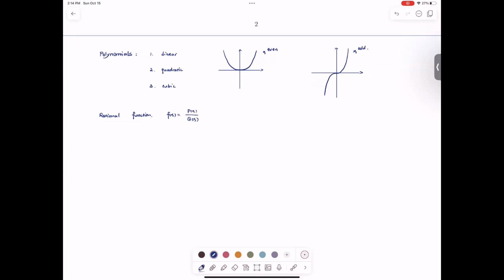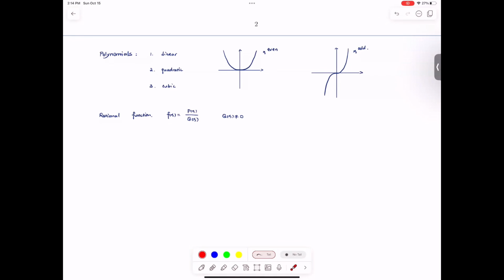What is the domain? x equals 0? Not necessarily. q of x can't be 0? That's correct. The domain is where q of x cannot be 0. What are p of x and q of x? They're polynomials. This is a polynomial, this is another polynomial.